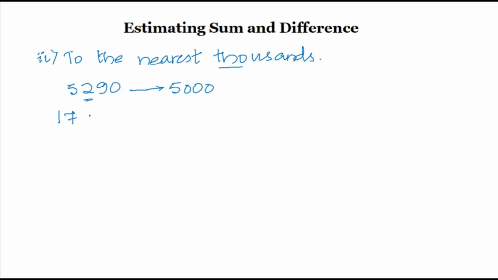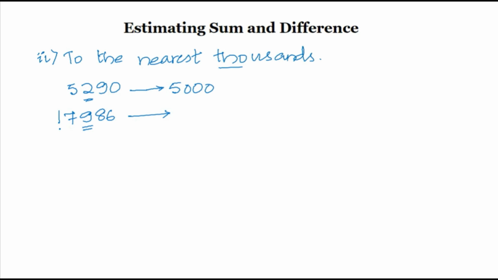One more number given is 17,986. Look at hundreds place. Here, hundreds place is having digit 9. This digit is larger than 5, hence we have to increase the thousands place by 1. Therefore, this digit 7 becomes 8.